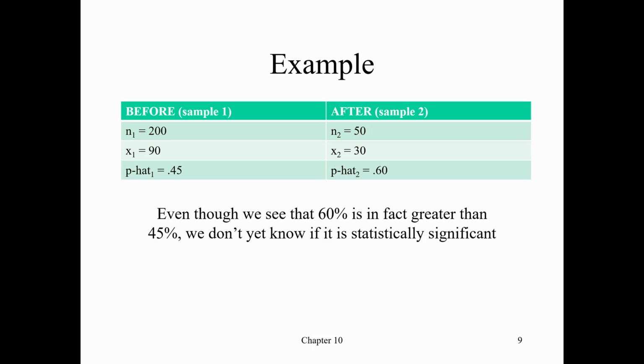For sample 1, we have a sample of 200, of which 90 said they would purchase Adele. In this book, they use p hat for the sample proportion, so that would be 0.45. And after, we've got 30 out of 50, so that's about 60%. So even though we see that 60% is in fact greater than 45%, we can't conclude that the proportion went up, because we don't know if it's statistically significant.